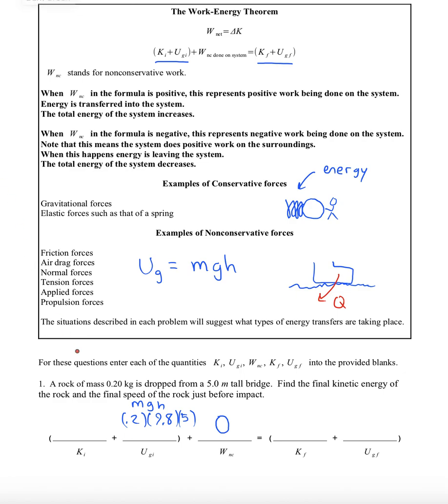It's 9.8 joules. How much kinetic energy does the rock have? Well, it's being released, and it's going to fall down. So it has none. It's not moving at the start. It's at rest.